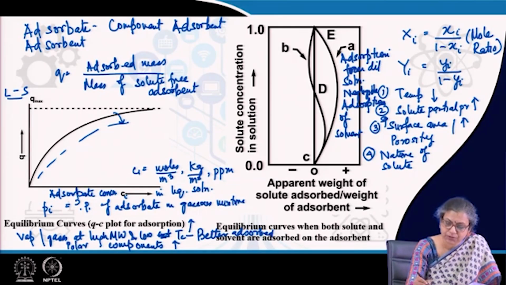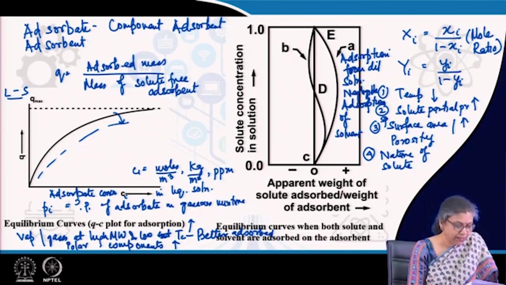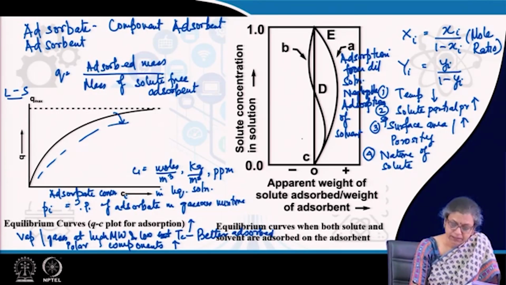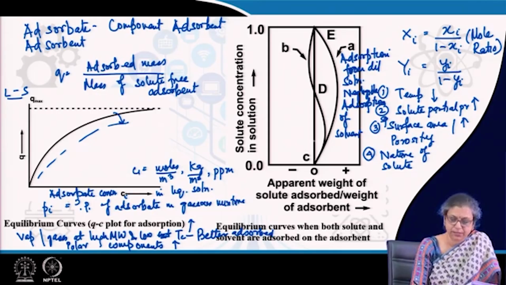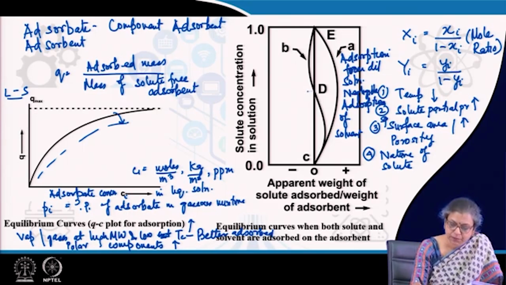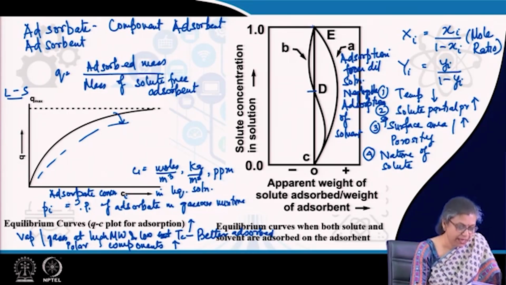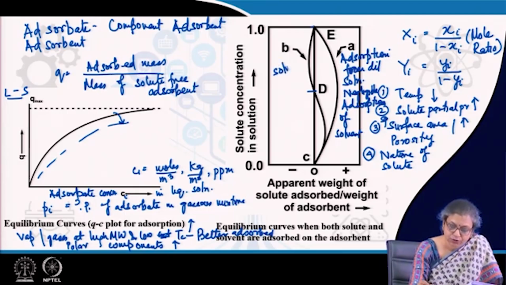For this particular curve, this is what we would expect, but when the solvent is appreciably adsorbed, in that case we actually have a curve something of this sort, where in this part D to A the solvent is actually more strongly adsorbed as compared to the solute.